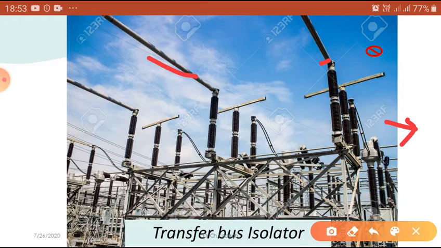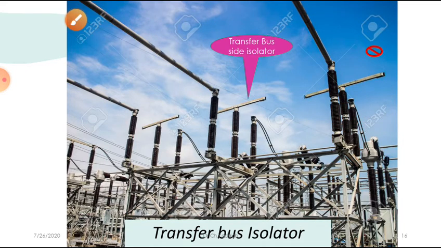Whatever load, if a problem occurs, is transferred through these isolators. This isolator is known as a transfer bus isolator. So you can see it.